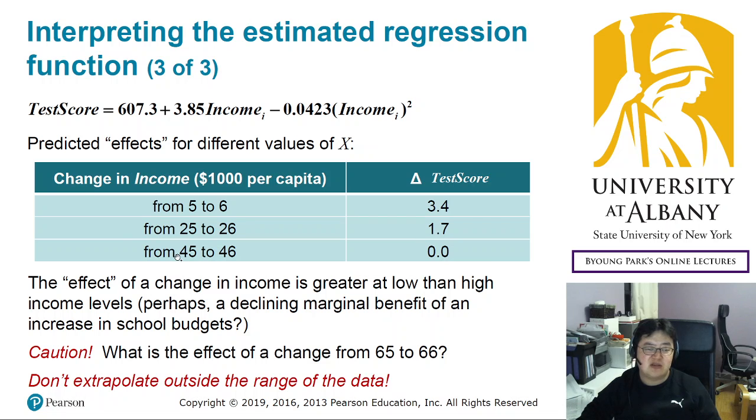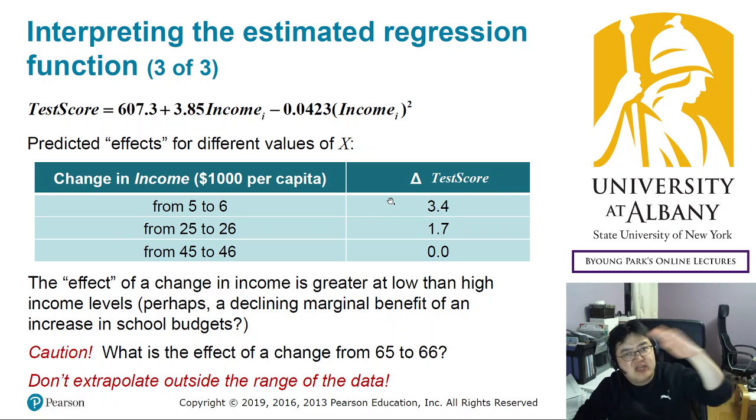As I explained earlier, if you already make a good income, then an additional $1,000 is nothing, so there is no additional increase. The effect of an additional $1,000 decreases. It's diminishing marginal productivity, right? It's a concave function in our example, and as an econ major, you should have a good intuition on diminishing marginal productivity.